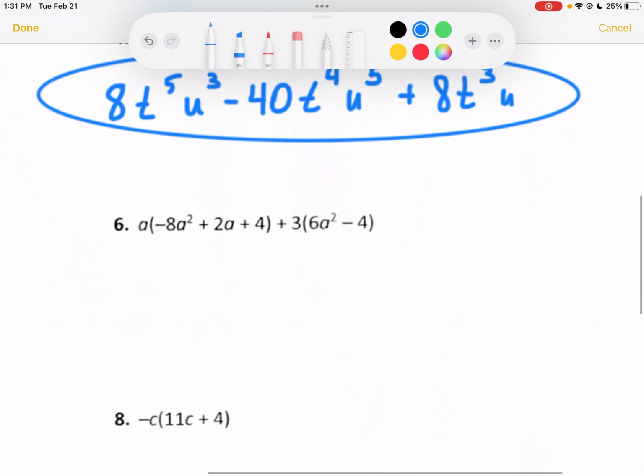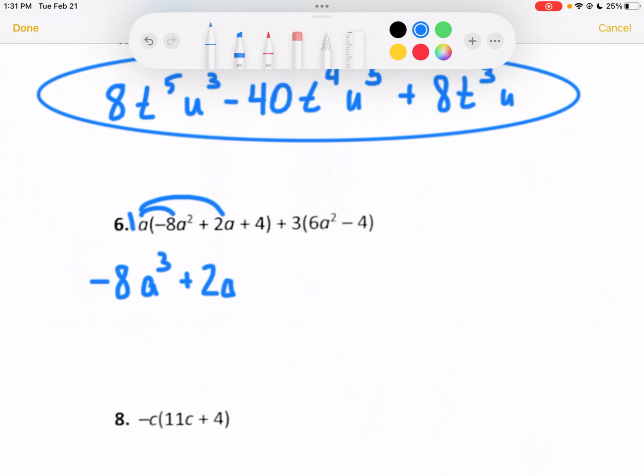Number 6 actually has you distribute twice, but the things that are out here to distribute are a little simpler than they were on 4. If I take 1a times negative 8a squared, I should get negative 8, and then a times a squared is a to the third. 1a times 2a is going to be positive 2a squared, and 1a times 4 is just 4a.